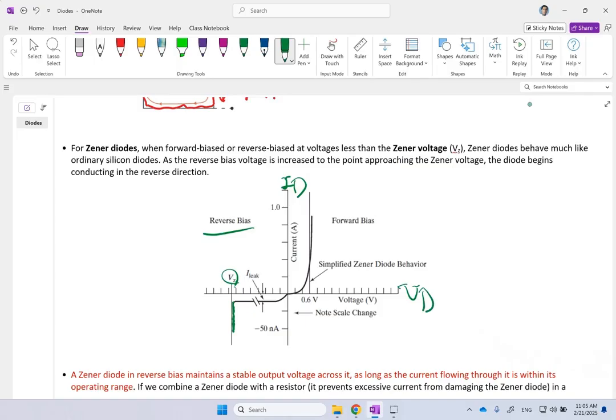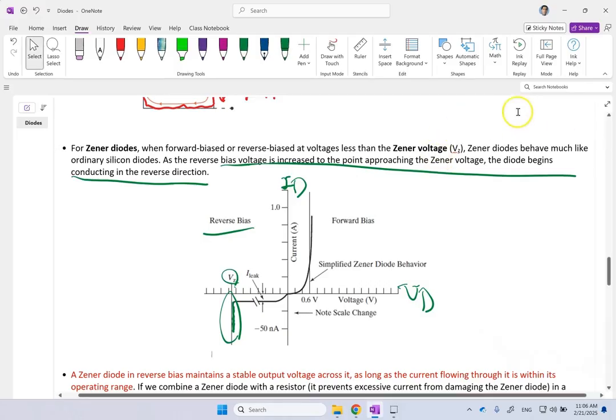So you can say that when the voltage is bigger than the Zener voltage in the reverse direction, your resistance becomes literally zero, and you are going to be fully conducting in the reverse direction, which is this region here. Okay? So this is a Zener diode.